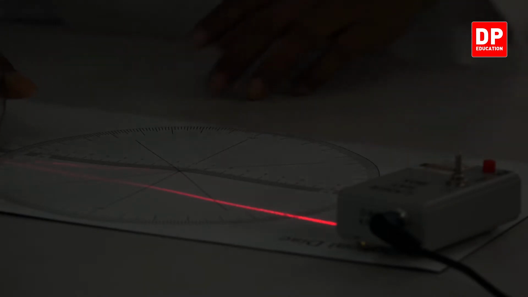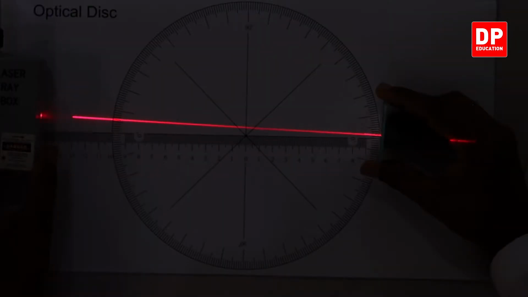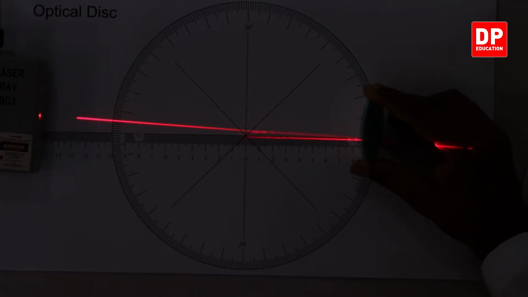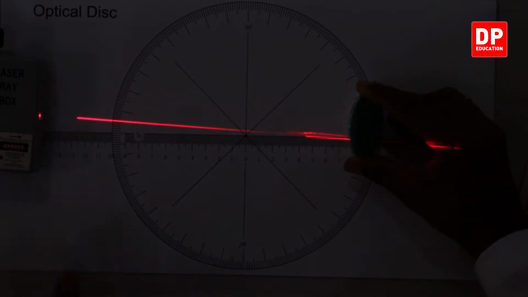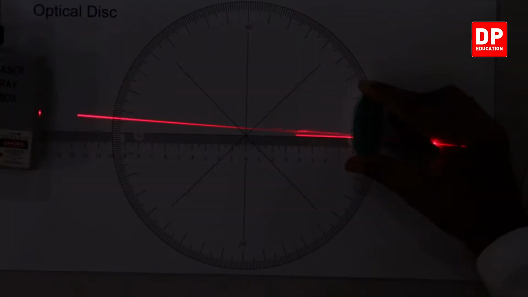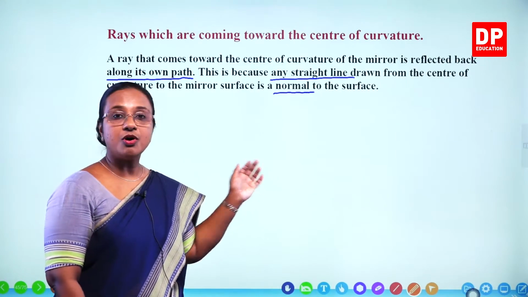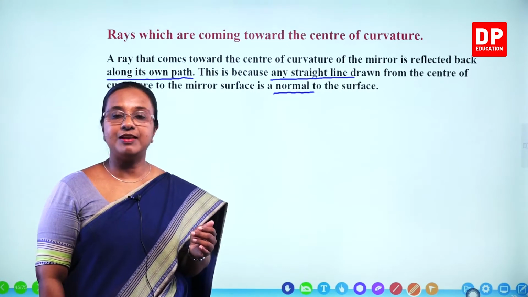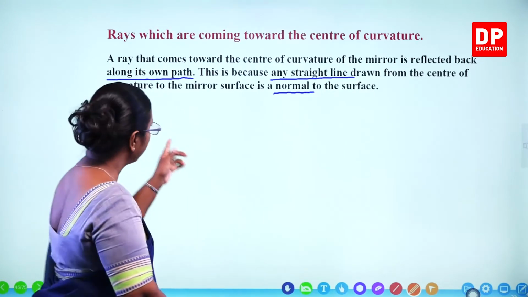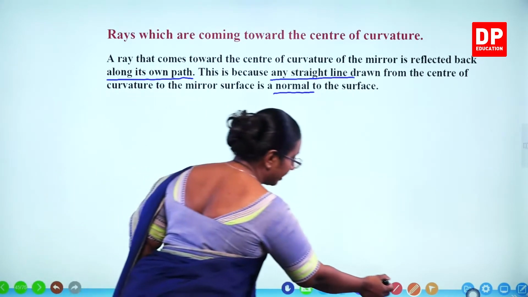Here you can see students, a light ray coming towards the center of curvature reflects back in the same path. Okay students, so you saw how the rays are reflected back when they come through the center of curvature. Now we will draw the ray diagram for that.